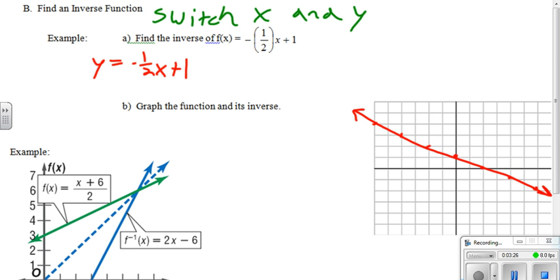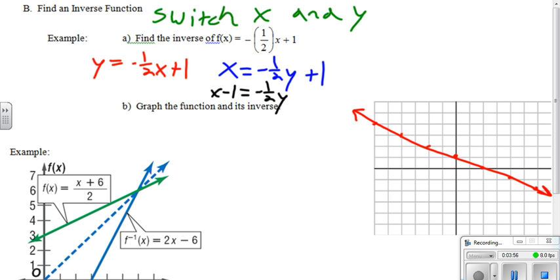The inverse then would be if we switch them: x equals negative 1/2 y plus 1. Now it's not easy to graph when it's x equals something, so let's switch it back over to y equals something. Let's subtract 1 from both sides, and we'll get x minus 1 equals negative 1/2 y. It's still not easy to get y all on its own.